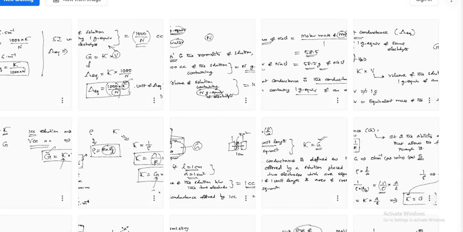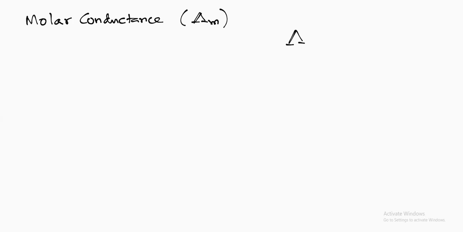The next term that I am going to introduce is molar conductance, which is actually available in the book. Equivalent conductance is not there, but molar conductance is available. So what is molar conductance? We represent it by the symbol lambda m. Observe carefully: this symbol is big lambda, and this is small lambda.